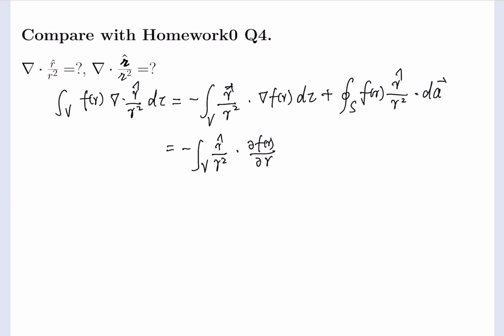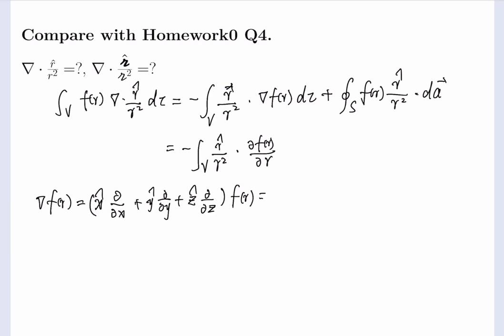Let's work this out maybe on the side here. So del f(r) should be x hat partial x plus y hat partial y plus z hat partial z applied on f(r).